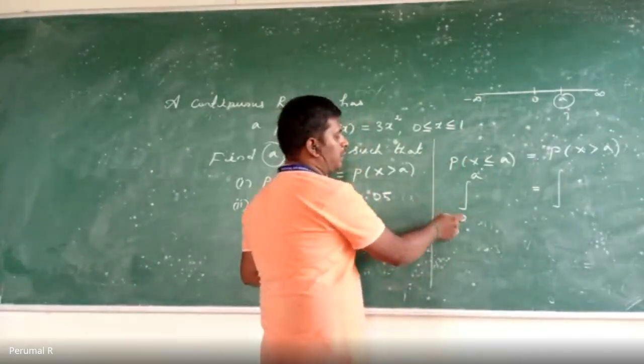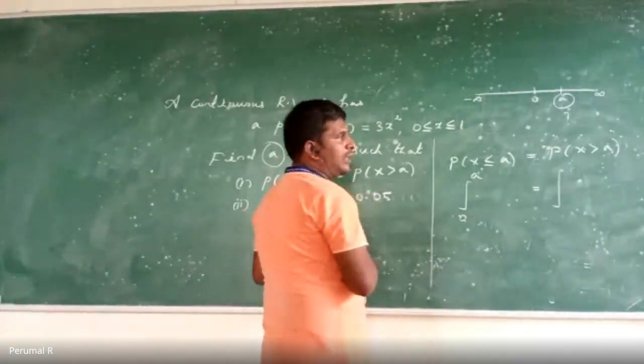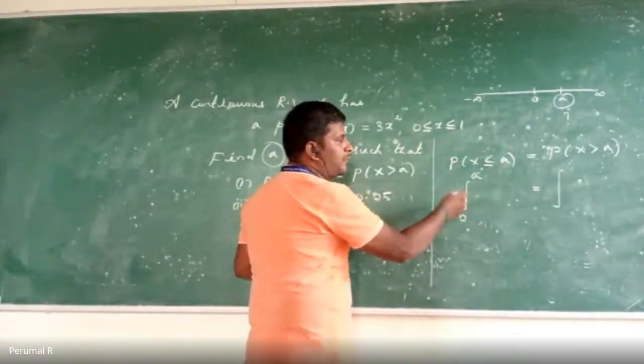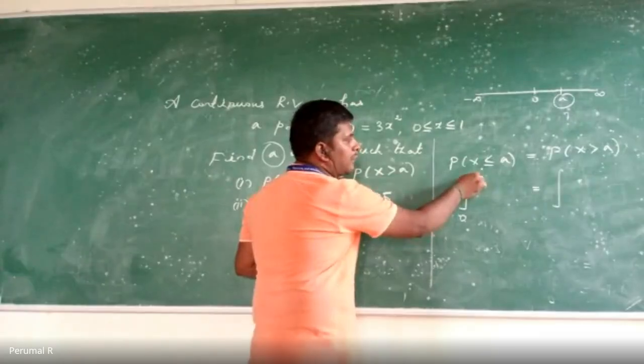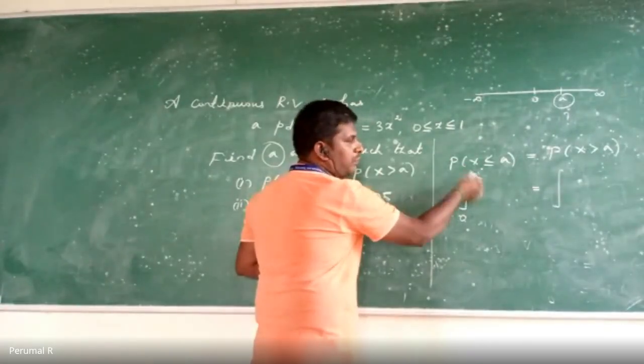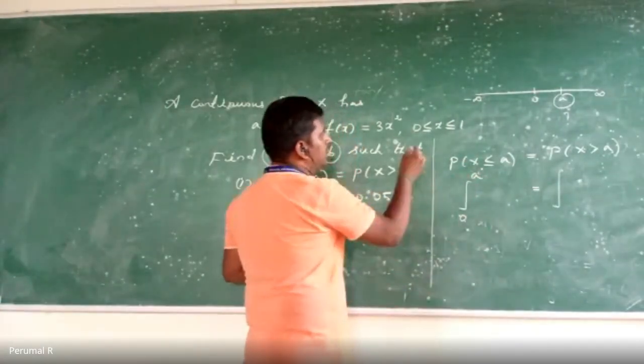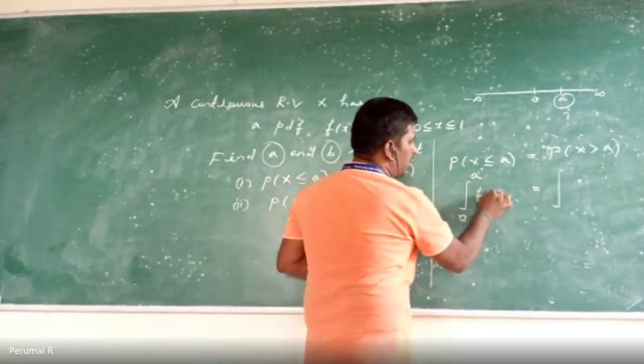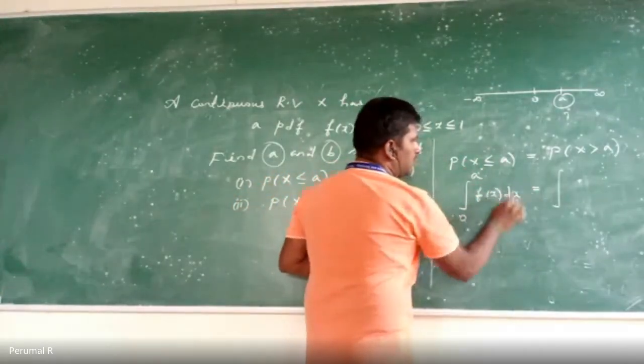Therefore, we are able to write only the interval 0 to a. Suppose you consider a value 0.1, 0.2, 0.3, 0.4, what is your function value here? This is 0 to a, you are writing f of x dx.